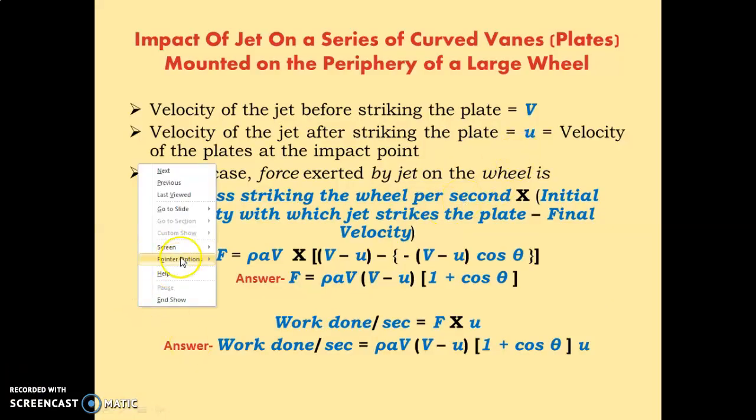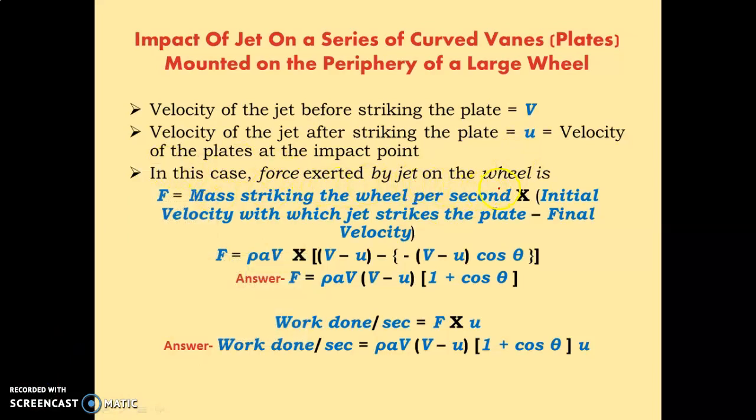Now in this case, force exerted by the jet on the wheel is the same formula as that of series of flat plates. It is mass striking the wheel per second into initial velocity with which jet strikes the plate minus final velocity. So force is equal to mass striking the wheel per second, it is rho a v, that we have seen in the last slide.